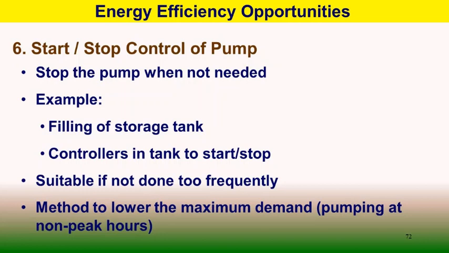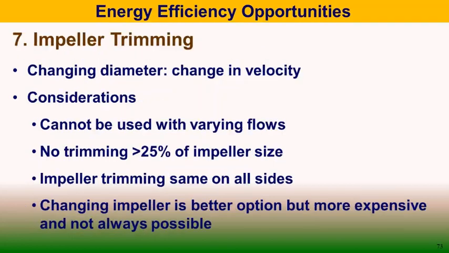Let us try to understand impeller trimming as a process of energy efficient arrangement. Changing the impeller diameter gives a proportional change in the impeller peripheral velocity, and as we change the impeller diameter, it is an energy efficient way to control the pump flow rate.